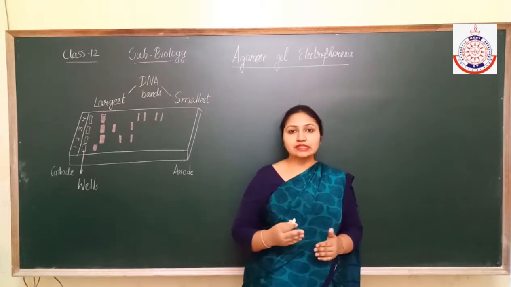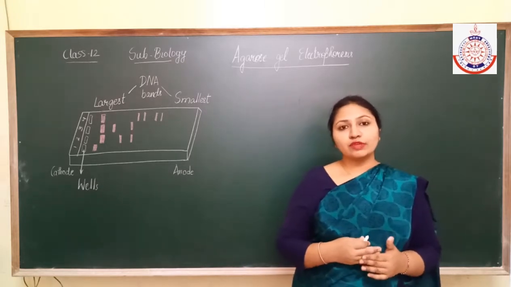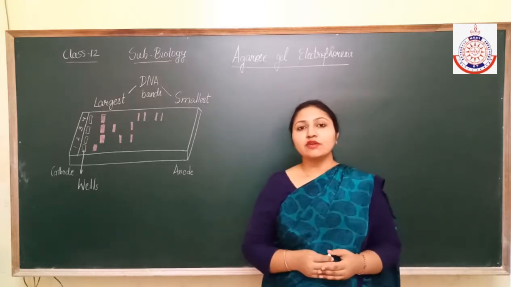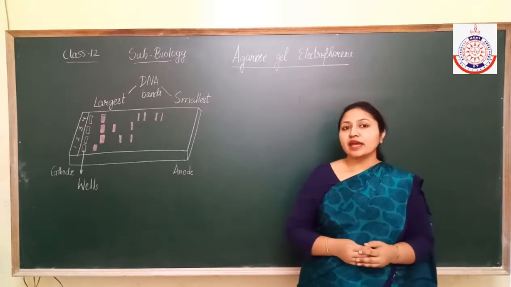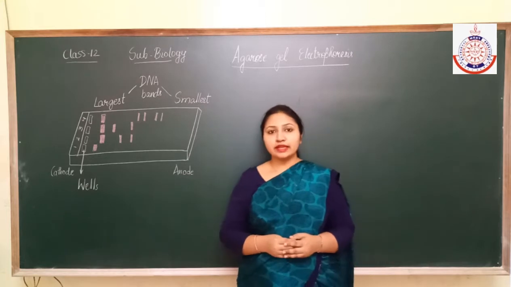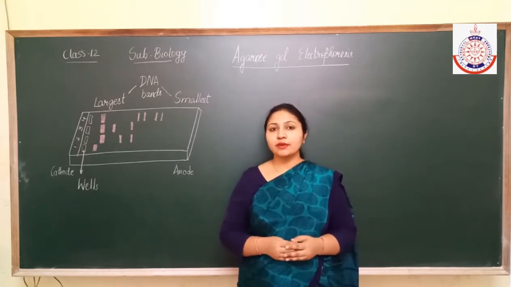So how can we get these DNA fragments? We can get them from the process of electrophoresis. It is also known as gel electrophoresis, that is agarose gel electrophoresis, because in this process agarose gel is used.